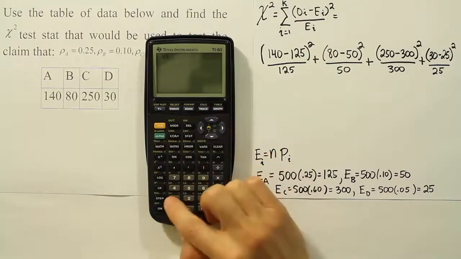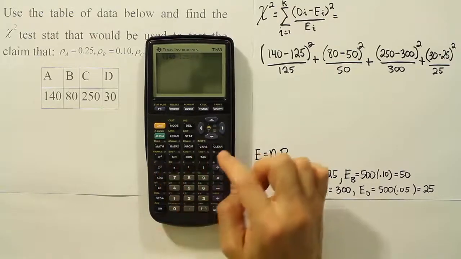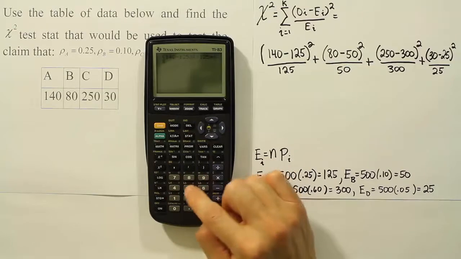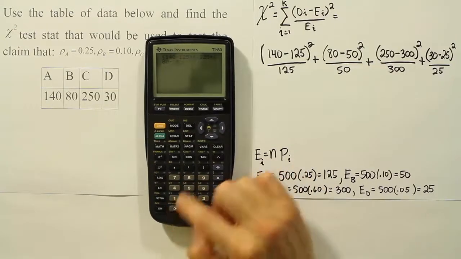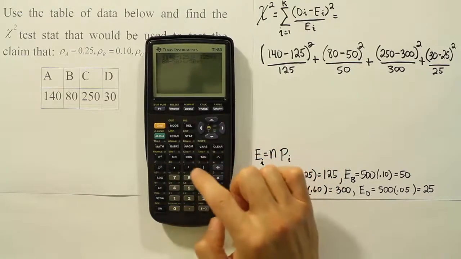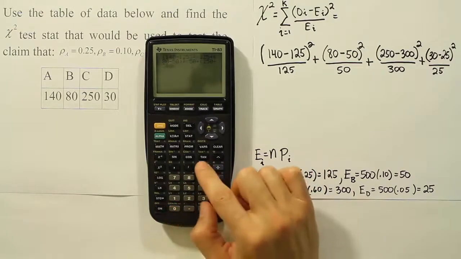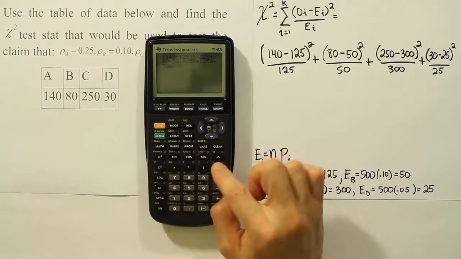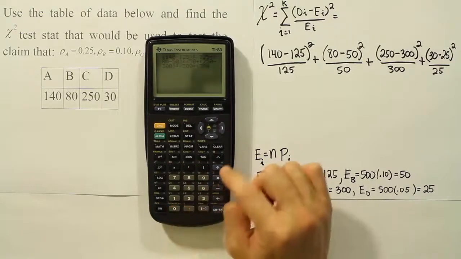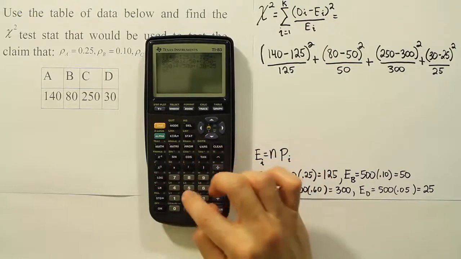Open parenthesis, I'm going to type 140 minus 125, close parenthesis, square it, divide by 125, plus, open parenthesis, 80 minus 50, close parenthesis, square it, divide by 50, plus, open parenthesis, 250 minus 300, close parenthesis, square it, divide by 300, plus, open parenthesis, 30 minus 25, close parenthesis, square it, and divide by 25.